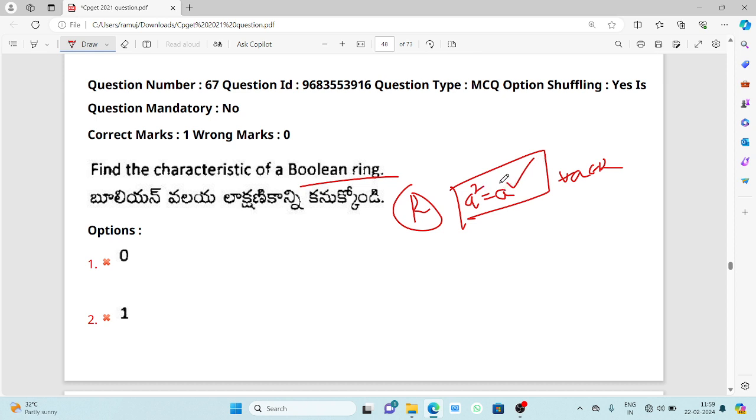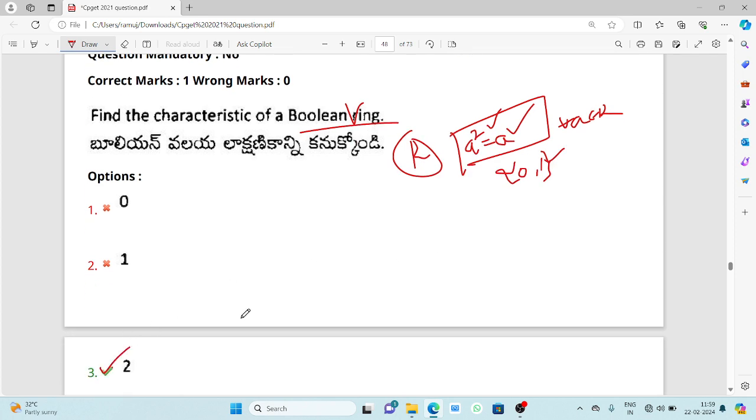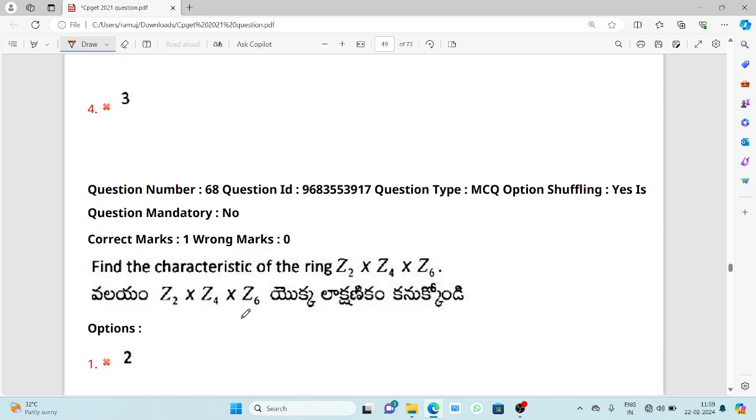If this condition is satisfied, we can say that it is an idempotent element. So every element in this ring satisfies A square equal to A. So the order of every element is 2. He is asking the characteristic of a Boolean ring, which means it contains only two elements, 0 and 1. So the characteristic of these elements will be 2. So this is the correct option for this question.